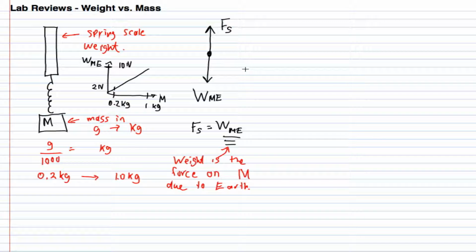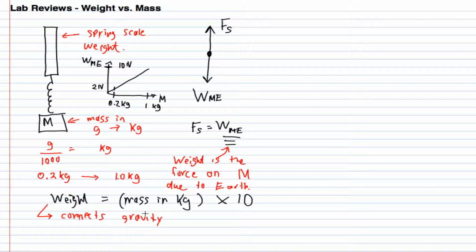When you did this, people concluded that I can get the weight by taking the mass in kilograms and multiplying it by 10. And a lot of people said, wait a minute, weight is something that connects to gravity.